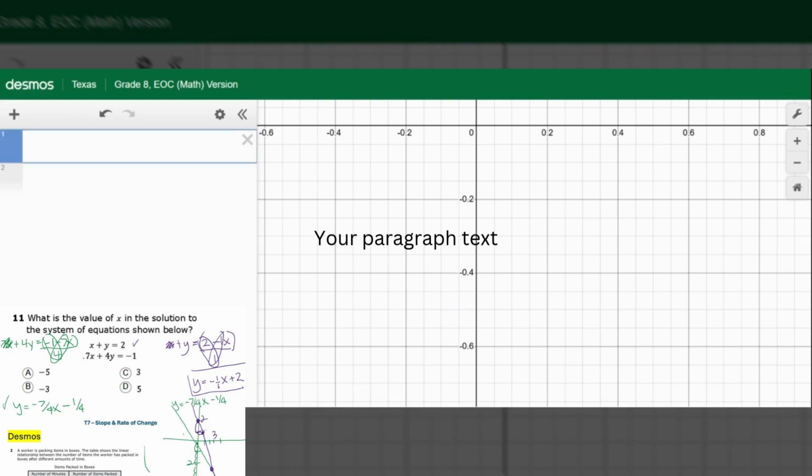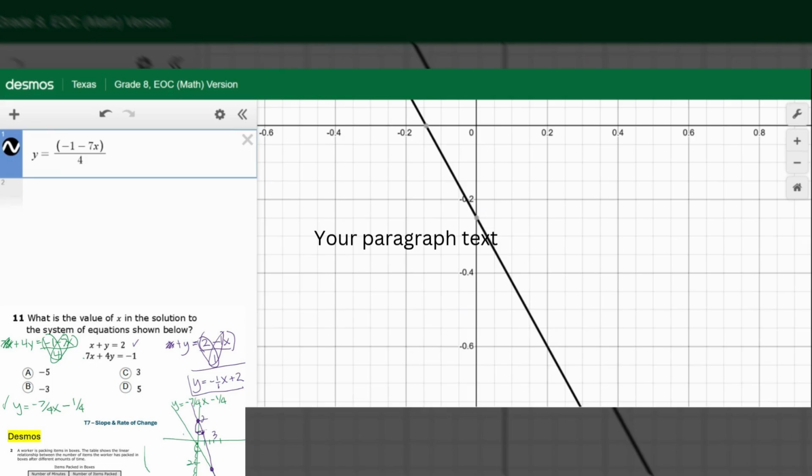So we're going to graph y equals, we'll put first the green, equals, parentheses, negative 1 minus 7x, close parentheses, divide by 4. That's the graph in black.